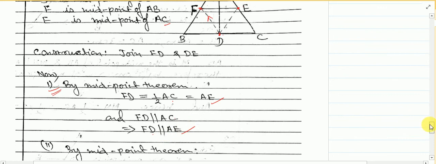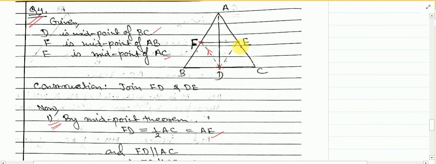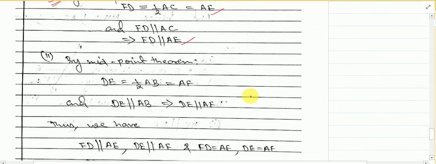Again, once you have joined DE, you can see D and E are the midpoints, so DE will be parallel to AB, and DE will be half of AB, but here F is the midpoint, so half of AB will be AF. So DE is parallel to AF and DE is equal to AF. Thus we are getting that FD is parallel to AE, DE is parallel to AF, FD is equal to AE and DE is equal to AF.